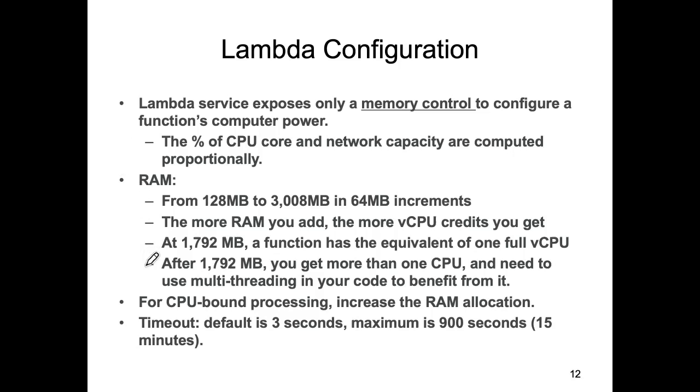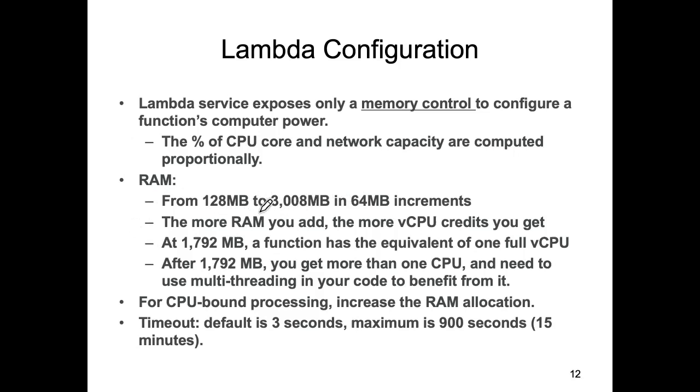I'm giving you just some details here. We won't really go into this kind of configuration in this module, but the minimum amount of RAM that you can allocate to a Lambda is 128 megs, up to a full 3 gigabytes of RAM in units of 64 megabytes, it seems.